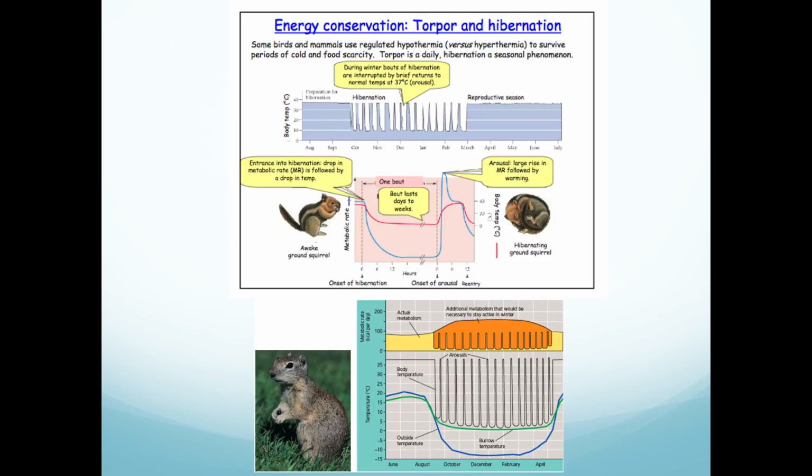So this is a daily pattern, but it's not long-term hibernation where the ground squirrel will be hibernating for weeks and weeks and weeks. This squirrel is coming in and out of torpor, whereas a true hibernator is going to stay that way for a long period of time.